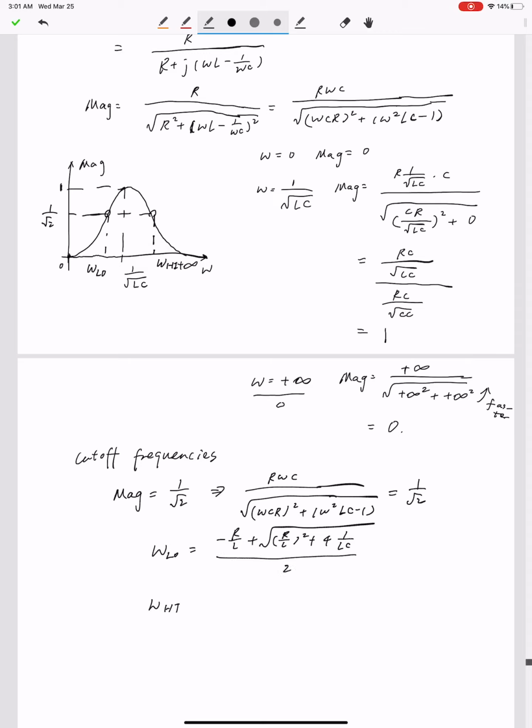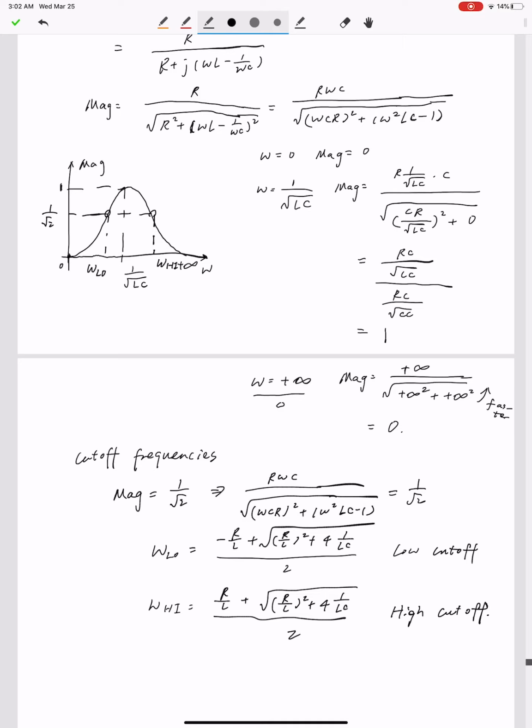And the second one, the high cutoff frequency, equals minus r over L. I'm sorry, that should be positive r over L plus the square root of r over L squared plus 4 times 1 over LC, divided by 2. Okay. So the first one is called the low cutoff frequency, and the second one is called the high cutoff frequency.